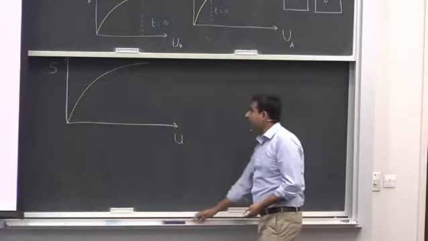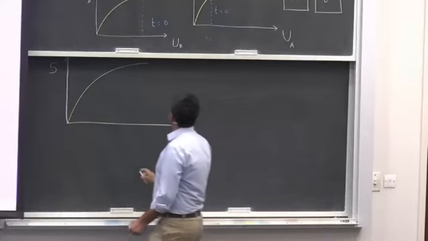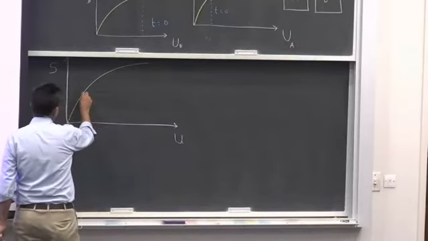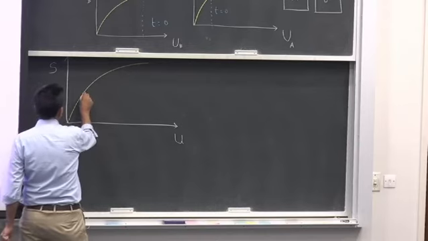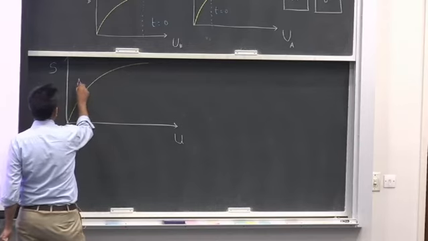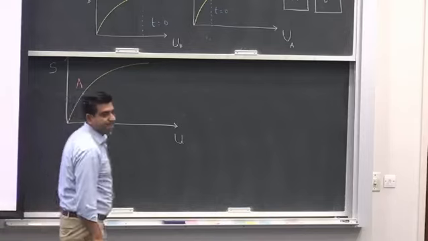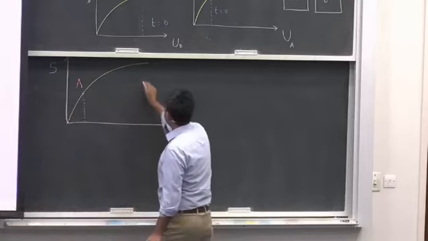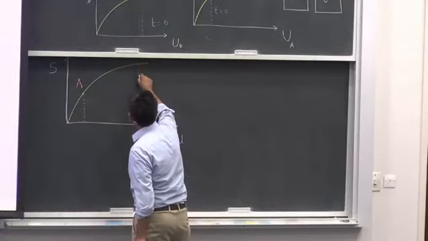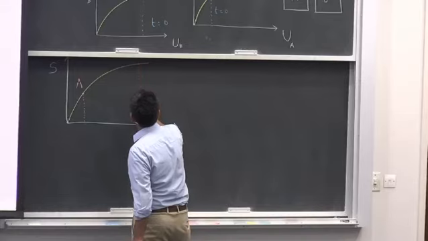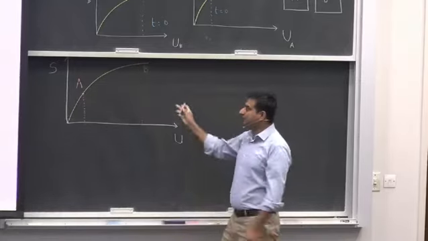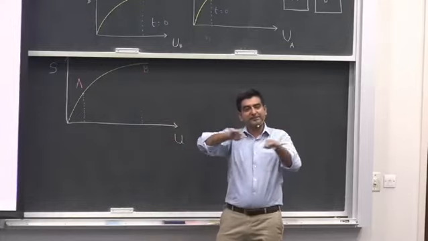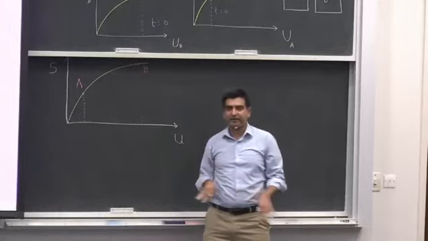Now object A, which is at a lower temperature, starts off here. This is object A. And object B, which is at a higher temperature, starts off here. So these objects start off at different places on the entropy versus energy graph.